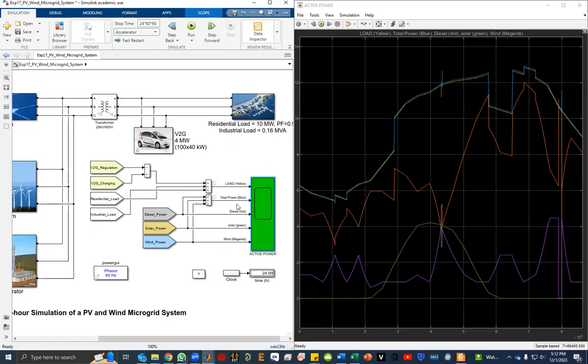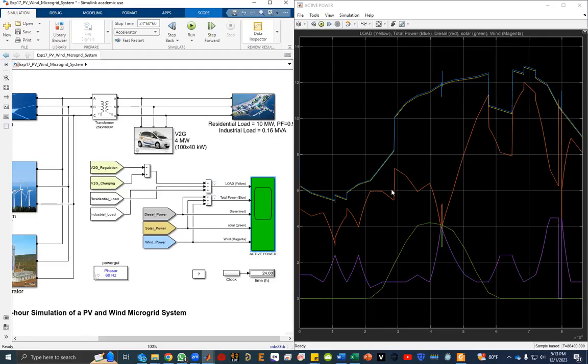The second one is total power, which is blue. Then we have diesel contribution, which is red. So this is blue, and this is load. Load and the total power are actually following each other, because total power is extracted from different sources.